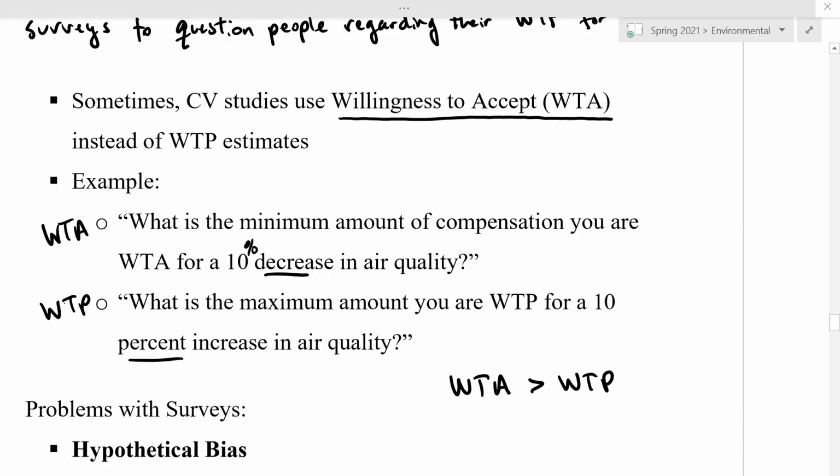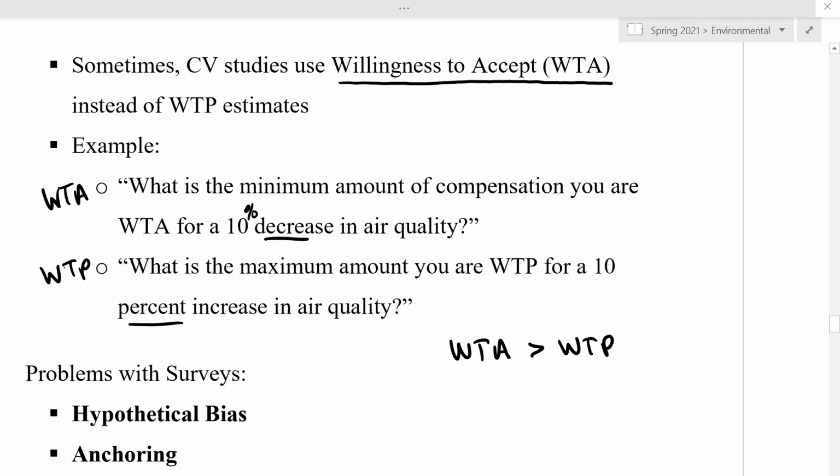Even though mathematically they're equivalent to each other, this comes down to adding a little bit of psychology into the mix, where there's this concept called loss aversion. If you already have something, people generally assign more value to it than if you are assessing the value of paying for it without having it in the first place.